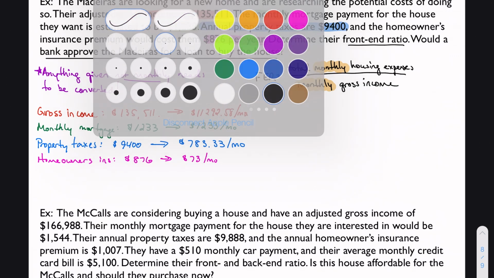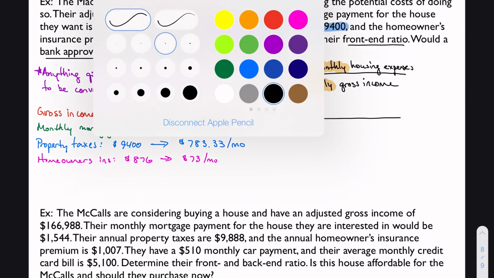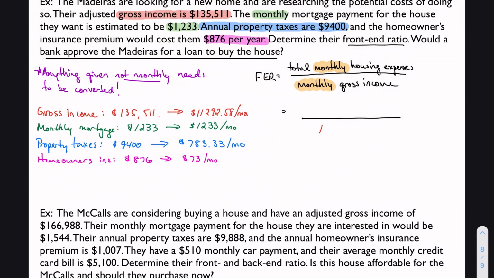So let's go back to my calculations on the right here. Total monthly housing expenses to my monthly gross income. Well, we know my monthly gross income is $11,292.58. And then my total monthly housing expenses is going to be the sum of everything else. So I'm going to add those all together.